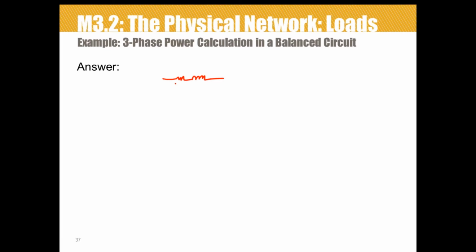Only a resistor can dissipate real power, right? This element was 0.8 ohms, by the way, and this is j1.5. The resistor dissipates energy in the form of heat. The inductor, remember, will store energy during part of the cycle and release energy during the other part of the AC cycle.